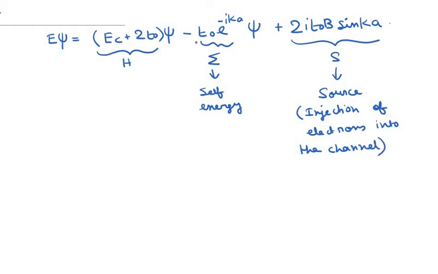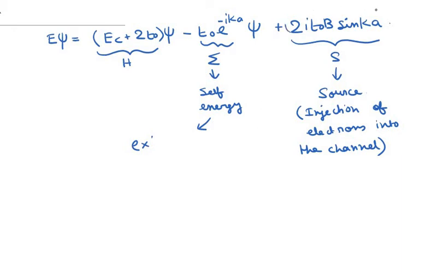And then what does this term represent? This term is a non-Hermitian term, and this represents extraction of electrons from the channel, or this term represents the fact that the channel wave function can leak into the contact.